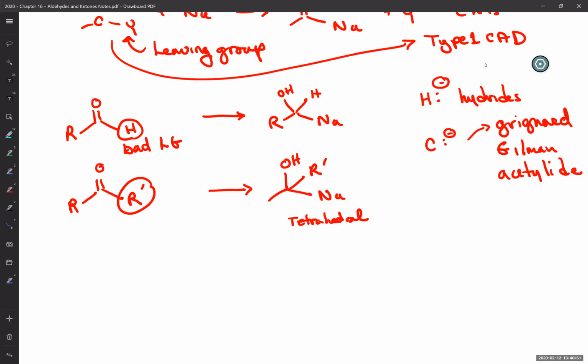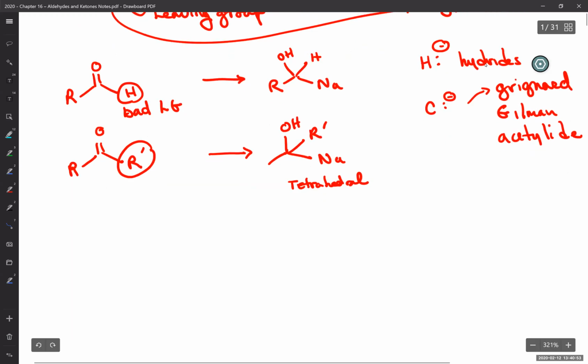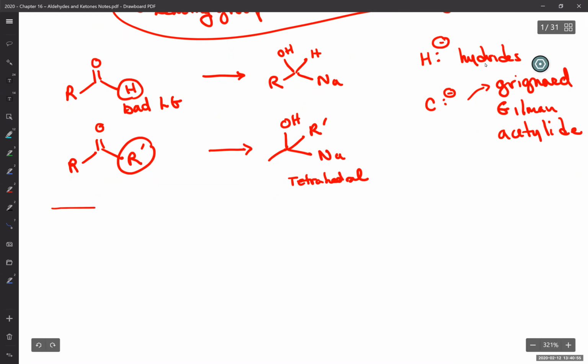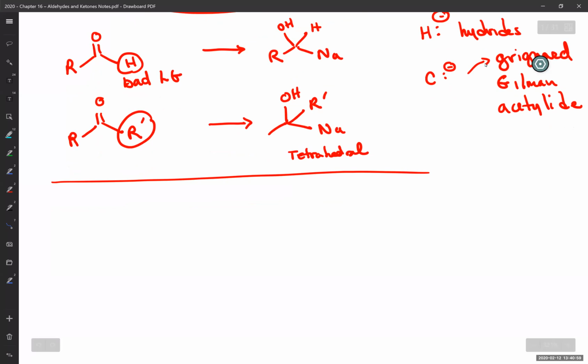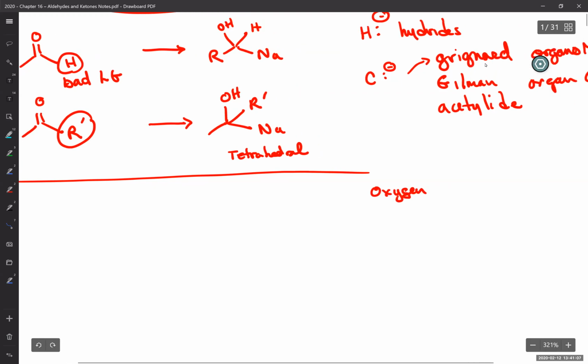It turns out the other kind of reaction has to do with nucleophiles like this. Let me put a note over here: oxygen and nitrogen nucleophiles. Those would be things like with O minuses or N minuses.